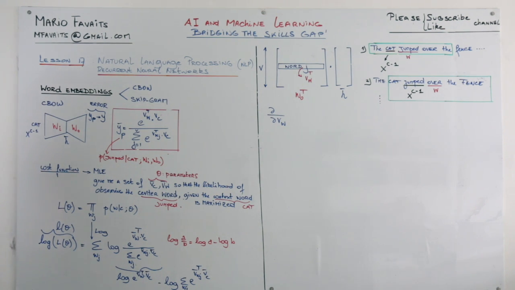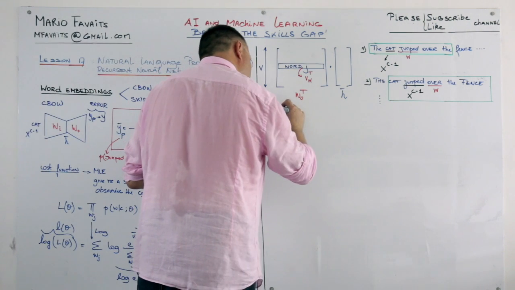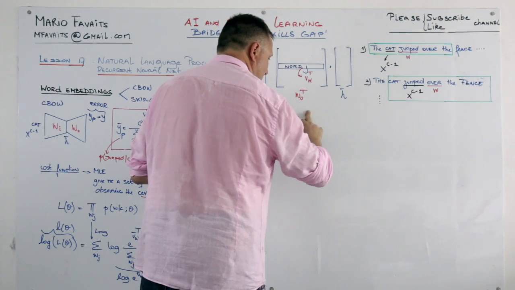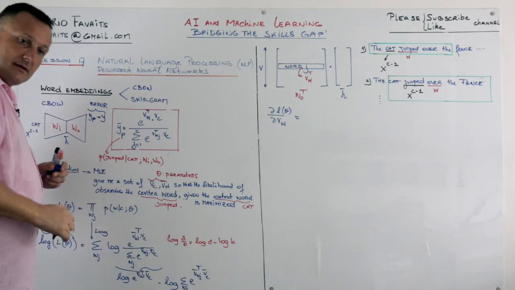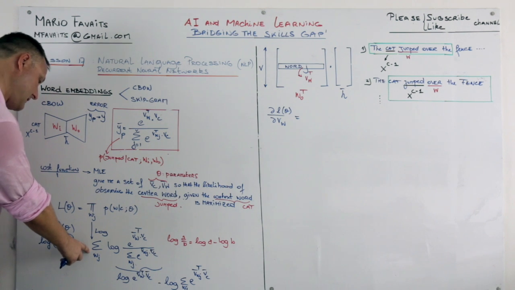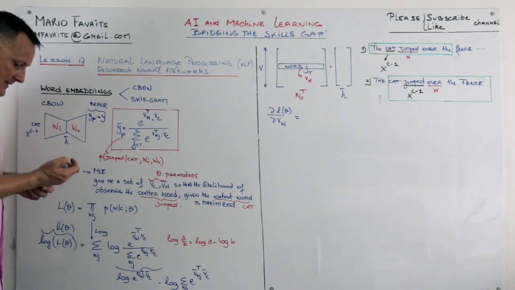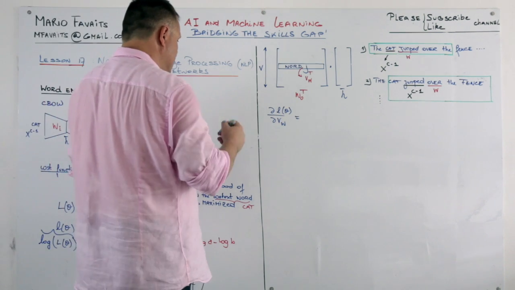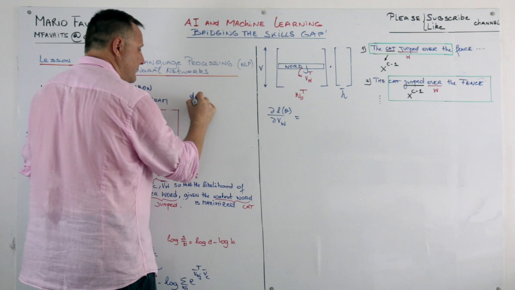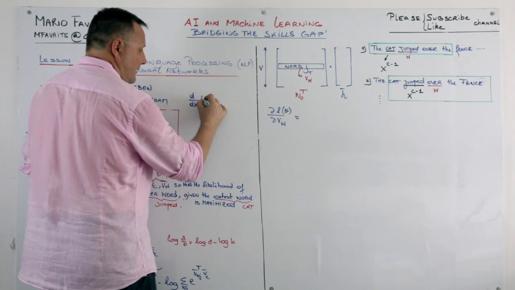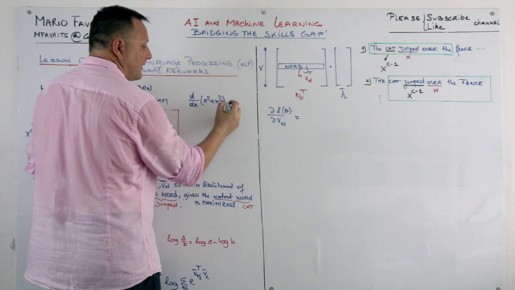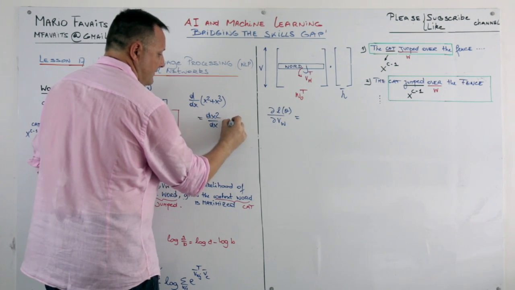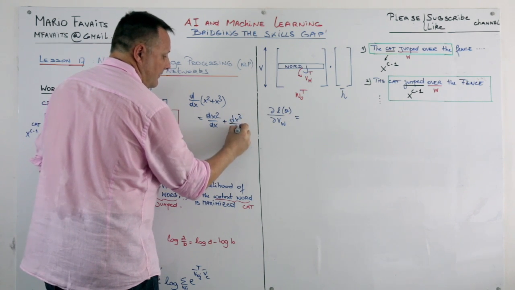Keep in mind that the derivative with respect to x of x squared plus x to the third equals the derivative of x squared plus the derivative of x to the third.